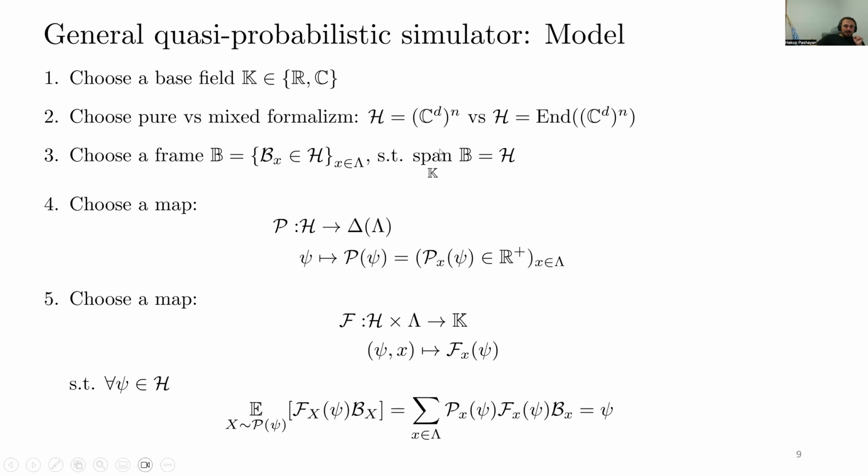We said earlier that the frame is spanning. So every element of the Hilbert space can be written as a linear combination of elements in the frame. And so any psi could be written as a linear combination of these B's. This product here is just the coefficient for this B in the expansion of psi.